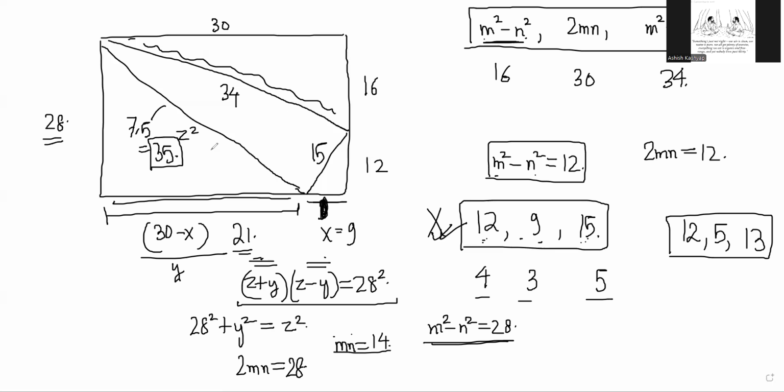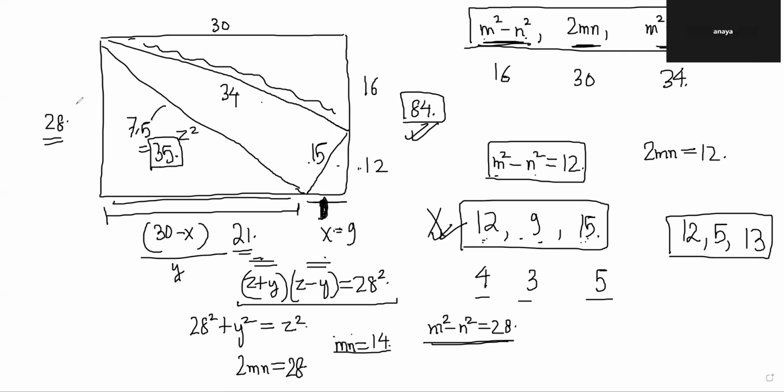The perimeter, the answer will be 35 plus 15 plus 34, right? It is 84. Right. That's the answer. So basically, this thing is failing, or I'm not getting the direct answer, when it is a multiple of a smaller triplet, right? Like for example, here if you see 12, 9, and 15 is a multiple of 3, 4, 5, right?